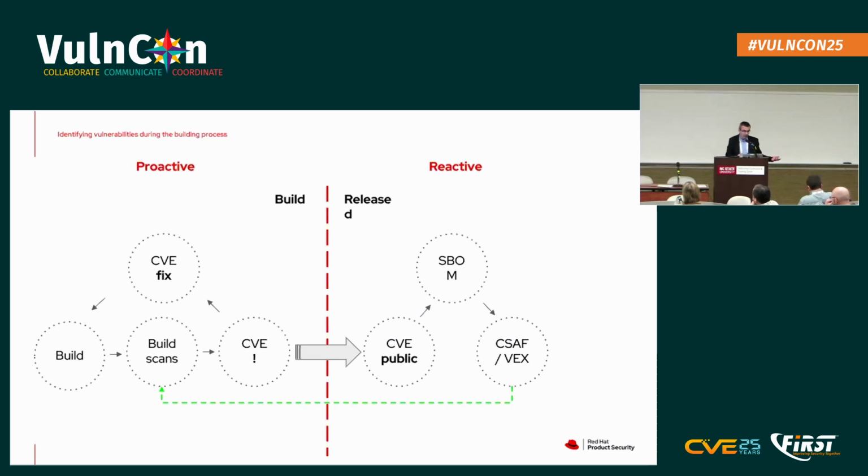In this case, we have two options. We know that there is something, so we can block such a build and not allow it to release to production. We can tell the owner, hey, you have to fix it. A new build will be created, it'll be scanned, everything is green. Now you can release it. And we don't need to do any updates on our public data.